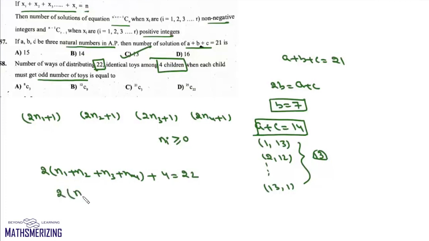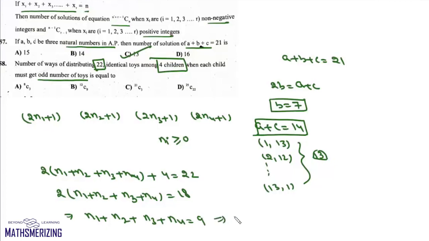So 2(n1 plus n2 plus n3 plus n4) will be 18. We get the equation n1 plus n2 plus n3 plus n4 equals 9, and we need to find the number of non-negative integral solutions, which is given by n plus r minus 1 C r minus 1, so which is 12C3.